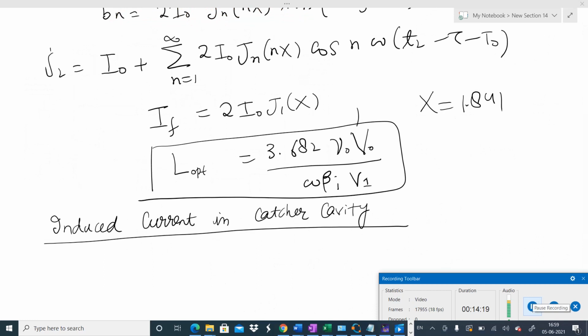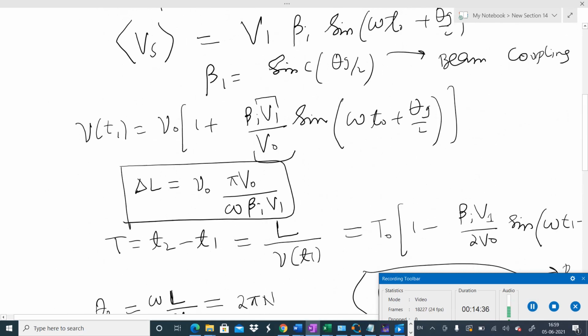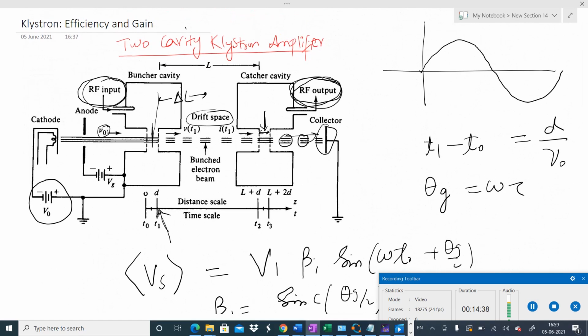Now what will be the induced current in the catcher cavity? First of all, the induced current in the catcher cavity will be proportional to the amplitude of the input voltage, because it is the input voltage here at the RF input.